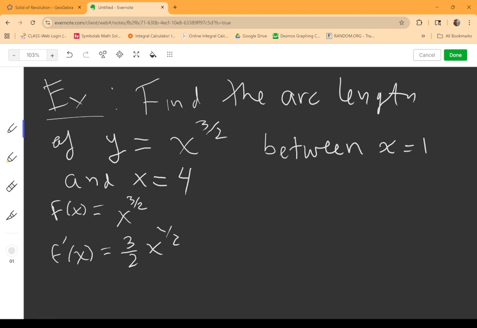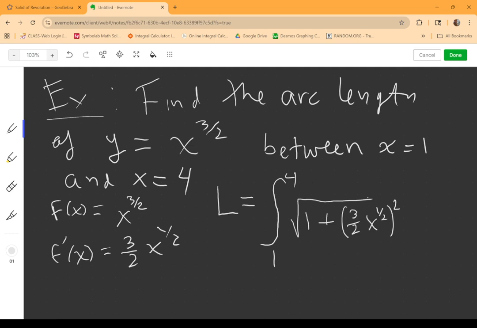Now let's find the arc length. So L: they give me the values of x, so that's going to correspond to the upper and lower bounds. Then we'll have the root of 1 plus the derivative, the whole thing squared, dx.